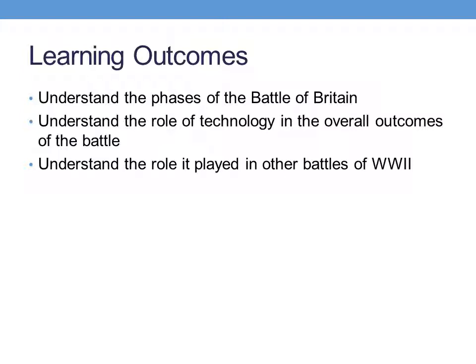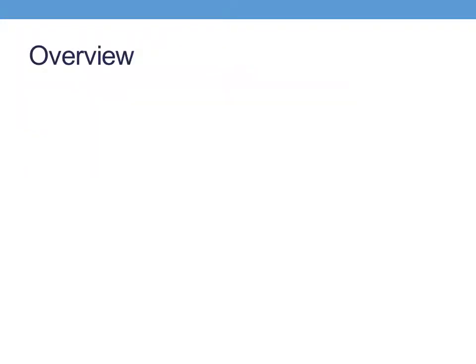The connection between technology, tactics and outcomes is one of the important aspects that you are required to know according to our syllabus. And then finally, to understand the role that it played in other battles of World War II. Hint, there will be a red question about this. All right, here we go.